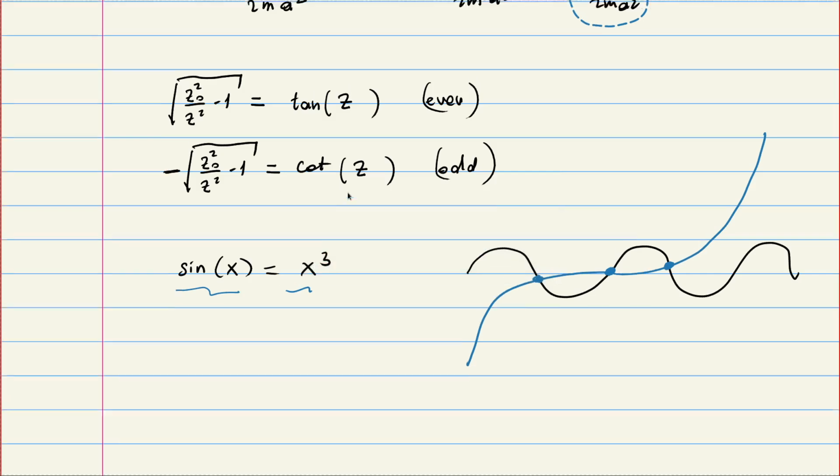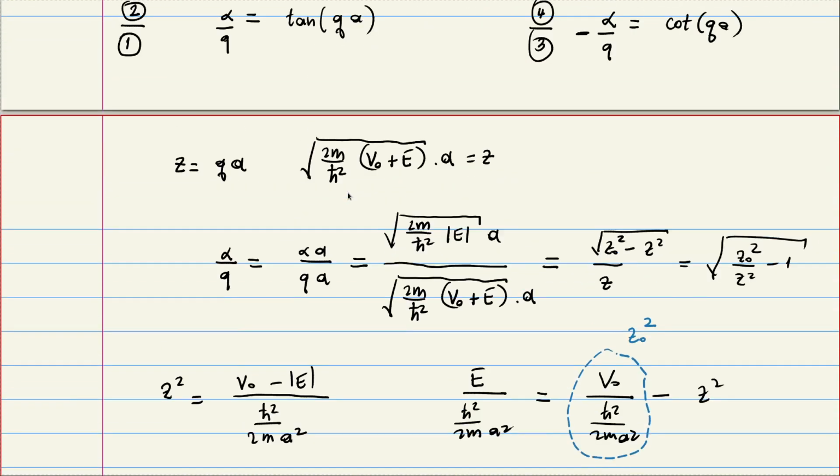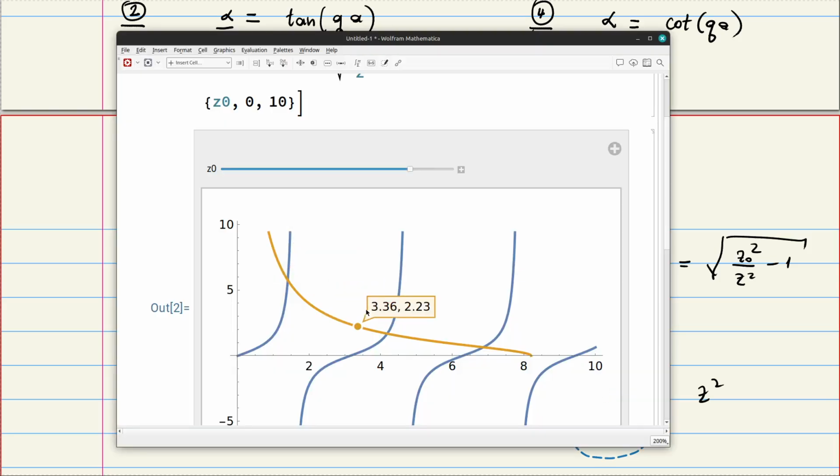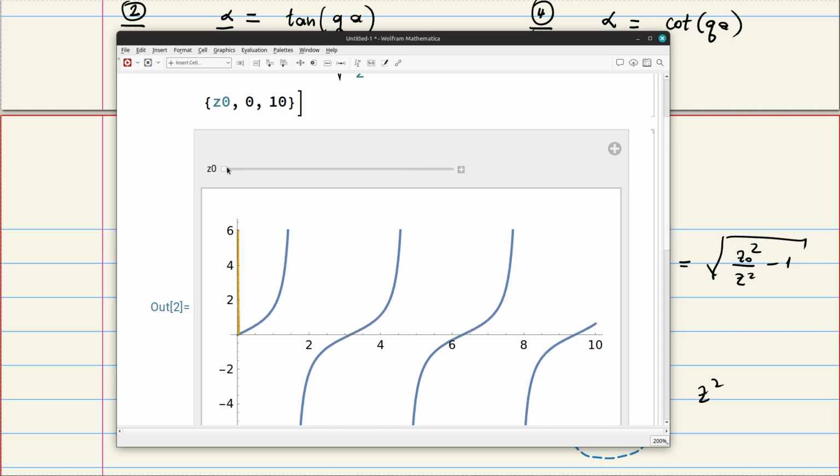And if you keep increasing, what is z naught? If you look at the equation, z naught is how deep the potential well is in units of this quantum energy. And as you increase the quantum well, you are getting more and more bound states. Good. And the question is, what if z naught is 0?